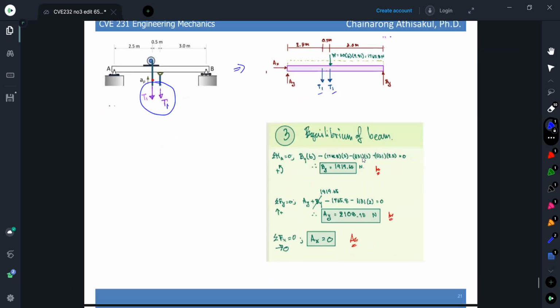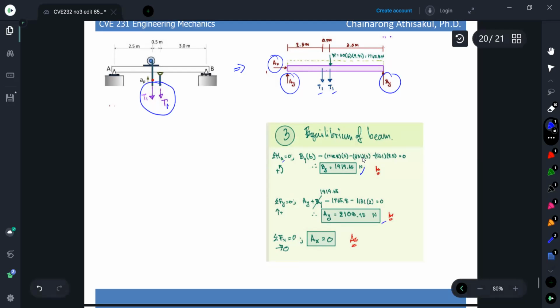After that, we would like to find the reaction forces By, Ay, and Ax. So we take the moment at point A and then we get By. After that, we use summation Fy equal to 0 and we get Ay.